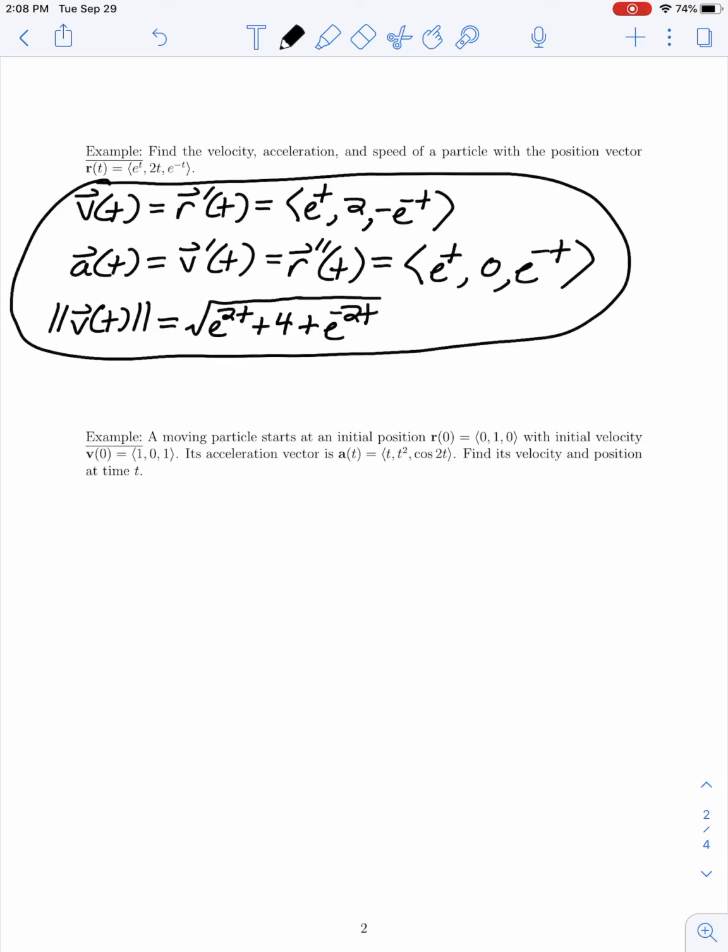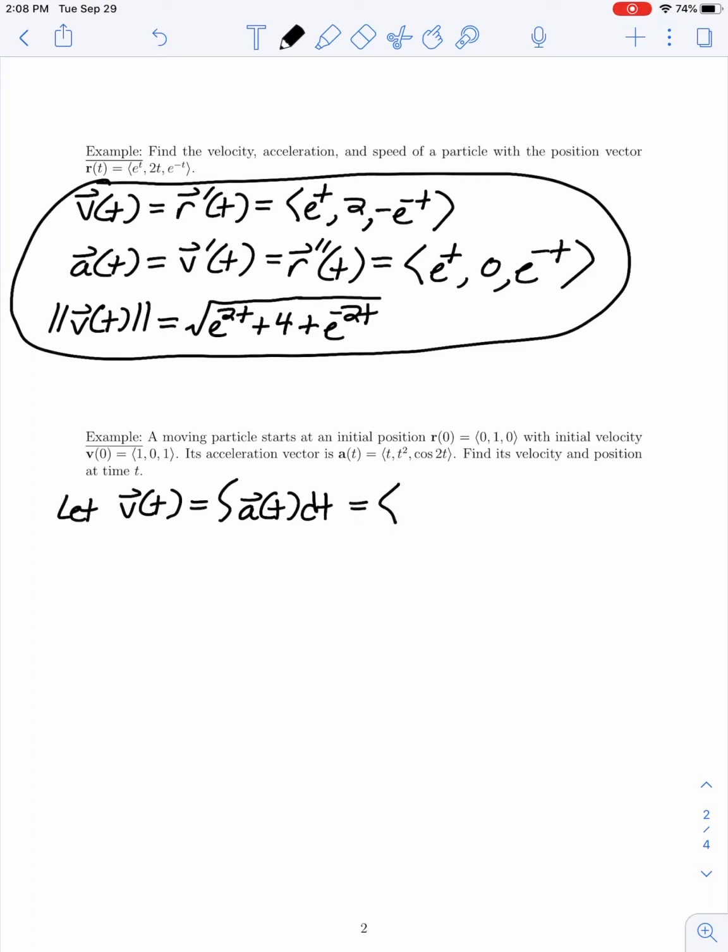So if we have the acceleration vector, which is the derivative of our velocity vector, we could work backwards to find the velocity vector by finding the antiderivative of this acceleration vector. So that is, I'm going to define the velocity vector v of t as the antiderivative of this acceleration vector.